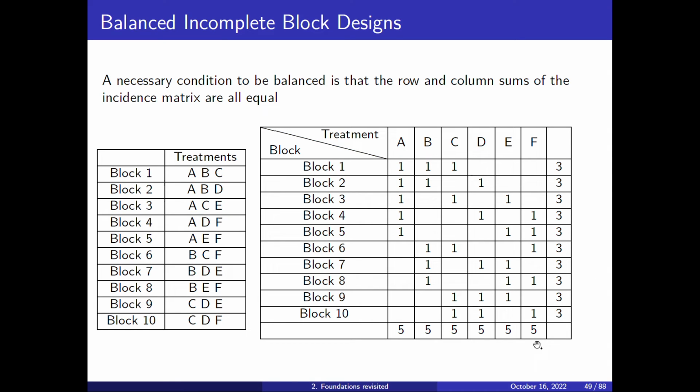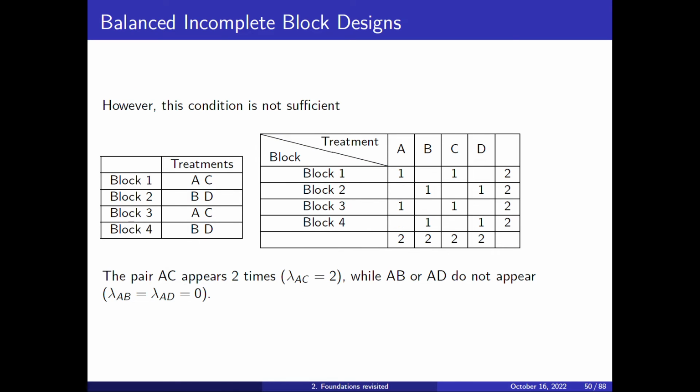If this is not fulfilled, this design is not balanced. But this is a necessary condition. It is not a sufficient condition. And here you have an example in which we have block 1 AC, block 2 BD, and then we repeat it.